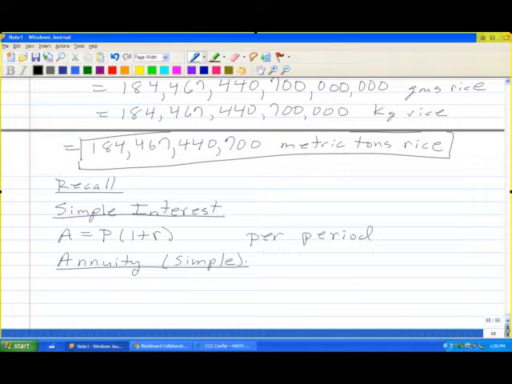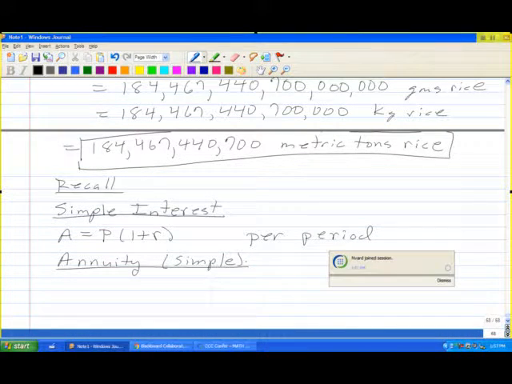So annuities are financial instruments where you either put money into an account at a steady rate. You always put in $1,000 every month, or it could be where you always take out the same amount, or like in mortgages, where you always pay back the same amount.